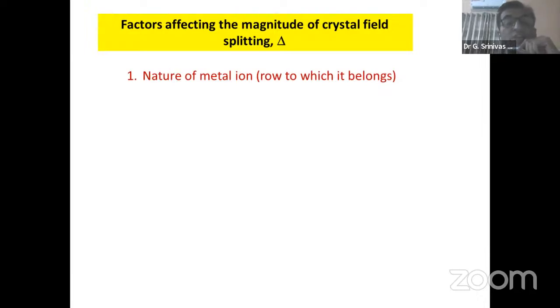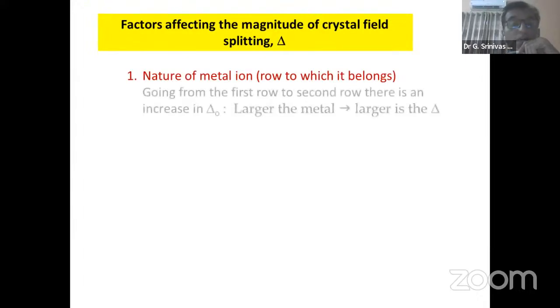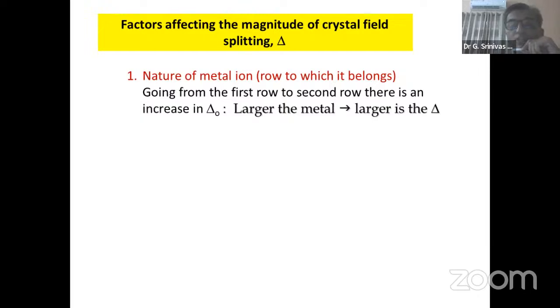The first one is the nature of the metal ion, the row to which it belongs, or the size of the metal ion. You can have the 3d series, 4d series, and 5d series. If you compare 3d, 4d, 5d, the 5d is larger in size than the 3d series. So going from the first row to the second row, there is an increase in delta O. Larger the metal, larger is the delta, that is, the crystal field stabilization energy.